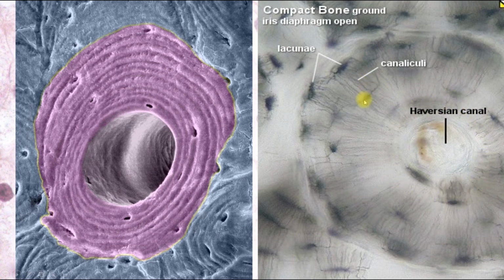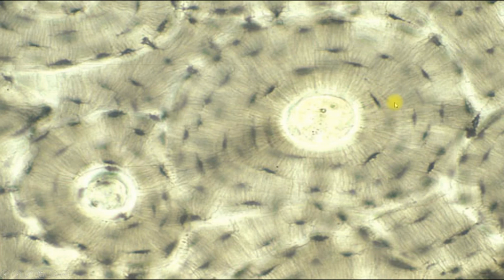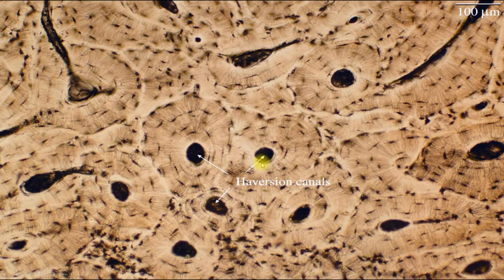There are osteocytes and canaliculi which contain processes of osteocytes. Here we can see an osteon. This is one osteon, another osteon, and numerous osteocytes which are located between the lamellae of the osteon. So Haversian canals, and here we can see numerous osteons of bony tissue.